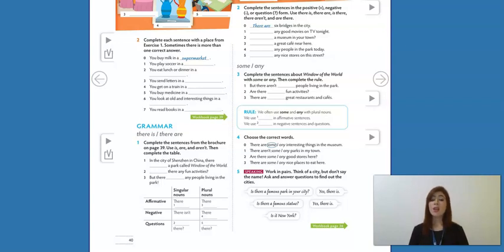Read it and observe these three sentences to see how they used there is and there are. After that, we will complete the sentences here to understand better how to use it. So, go back there, read it, and then try to do the activity, and then we continue with the video, okay?